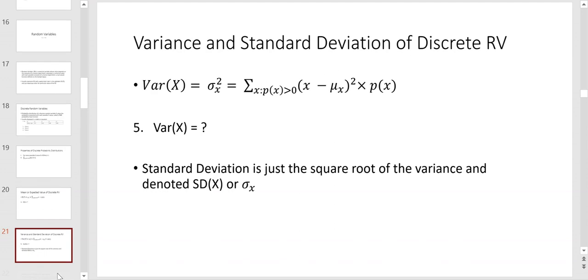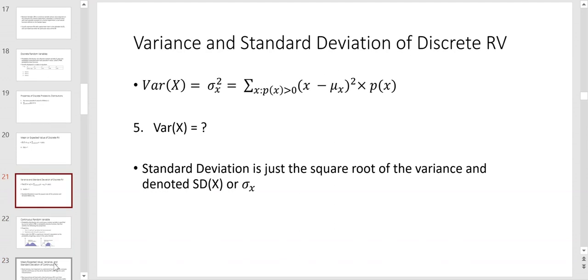Now, moving along, we can also talk about the variance and standard deviation of a random variable. For a discrete random variable, the variance is defined as such. So what you're going to do is take every possible value of x, subtract its mean, so you've computed the mean prior to computing the variance.